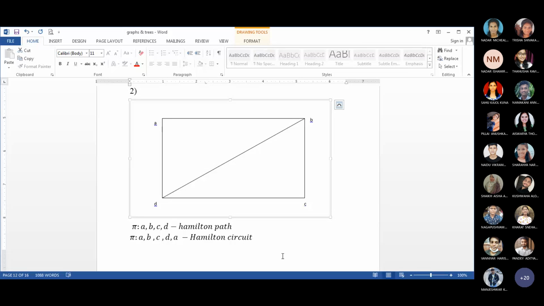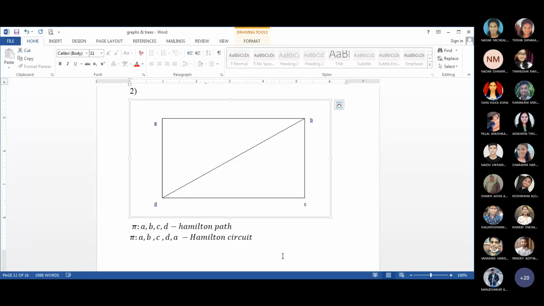When you consider the degree of vertex A, you said it is 2, correct? Why is it 2? It is because of your edges E1 and E5. Suppose E5 is an edge between A and D. Because of this the degree of A is 2. Same way, if you go to vertex B, the degree you said is 3, and one of those 3 corresponds to E1.